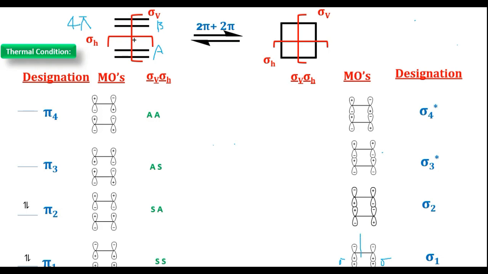Cut vertically, the left side part is similar to the right side part, it is the mirror image. Let's fill the electrons first. Because 2 sigma bonds are there, we have 2 sigma electrons here and 2 sigma electrons here, totally 4 sigma electrons. Those 4 sigma electrons are filled in 2 molecular orbitals.